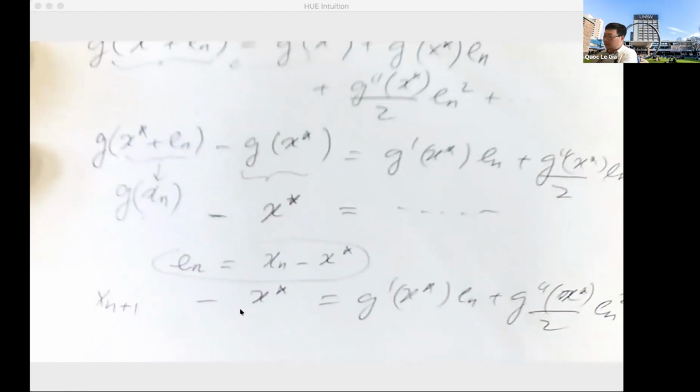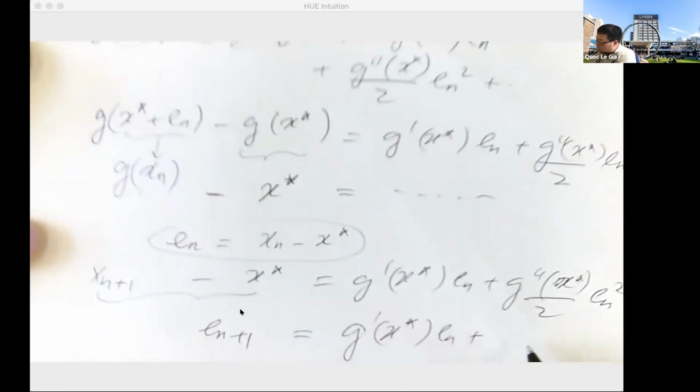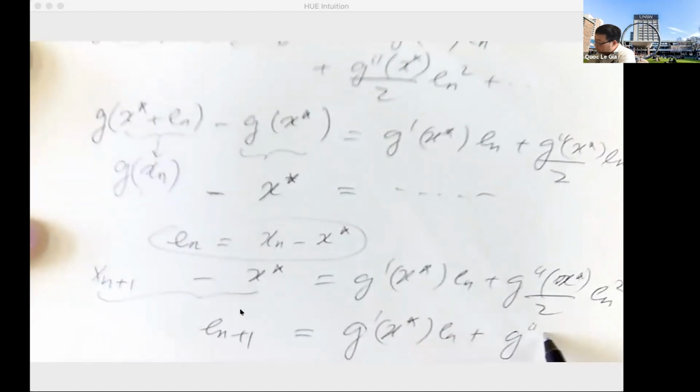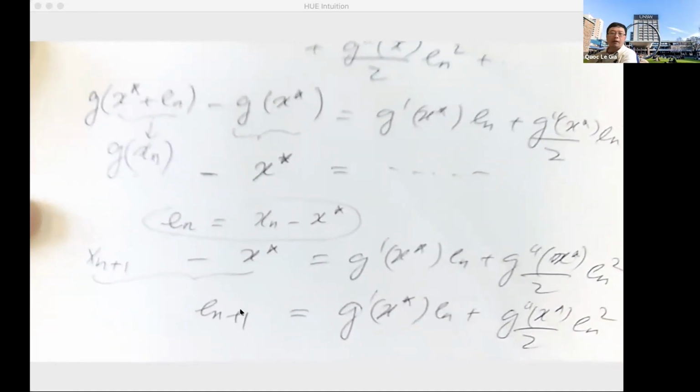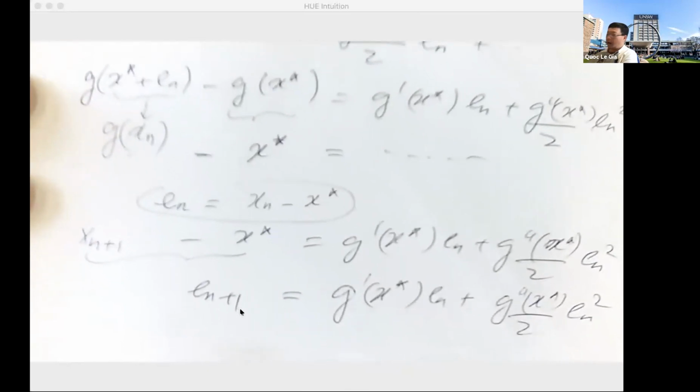And now this one is nothing but en plus 1. So g prime(x star) en plus the next term en squared. Okay, so now I want you to pay attention to the last equation.